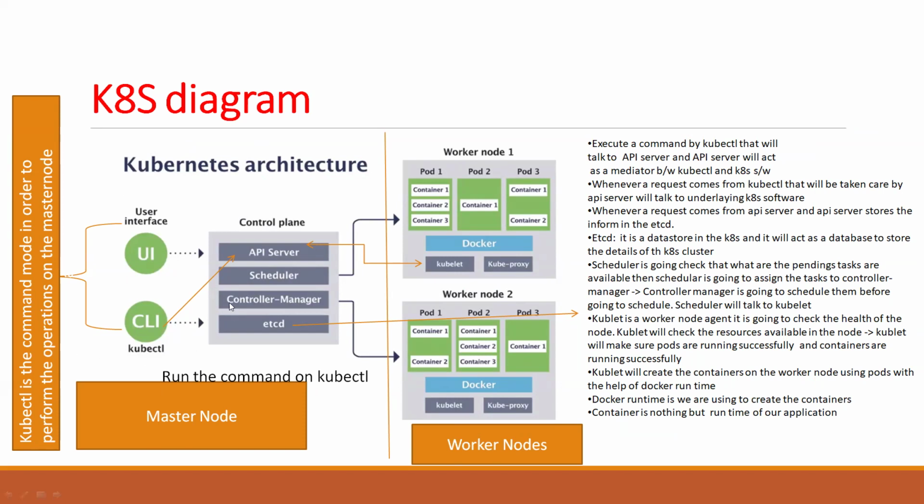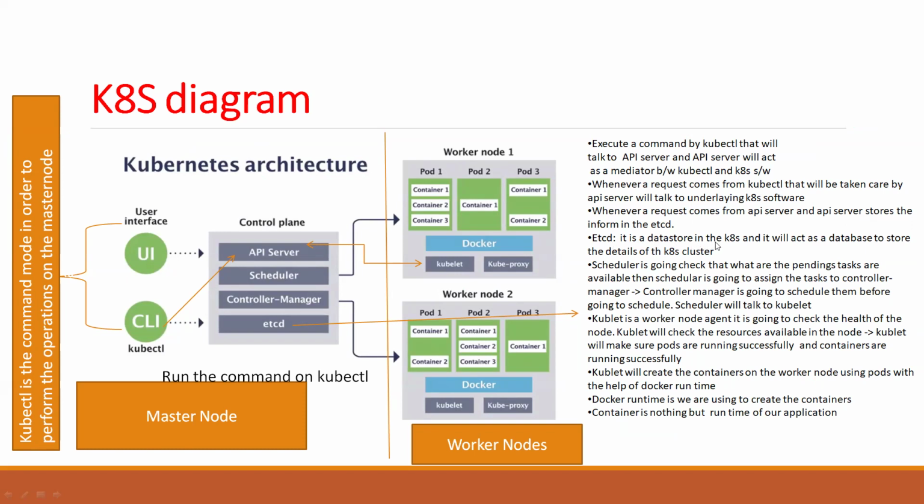The API server acts as a mediator between kubectl and the Kubernetes software. Whenever a request comes from kubectl, the API server takes care of it and talks to the underlying Kubernetes software. The API server stores the information in etcd.